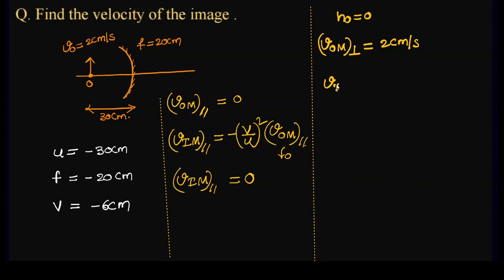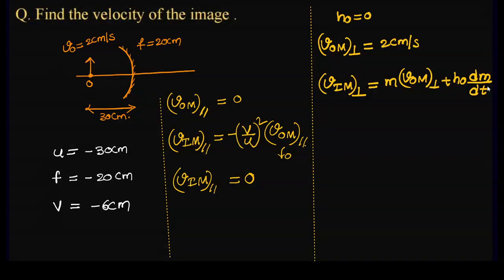Now the velocity of image with respect to mirror in perpendicular is equal to m into the velocity of object with respect to mirror in perpendicular plus h naught into dm by dt, right?